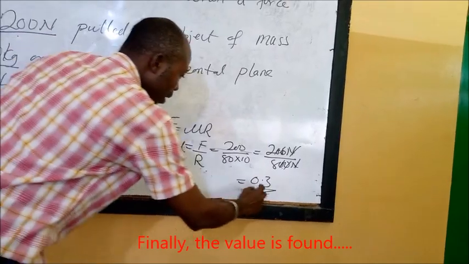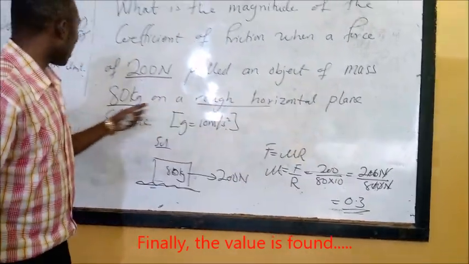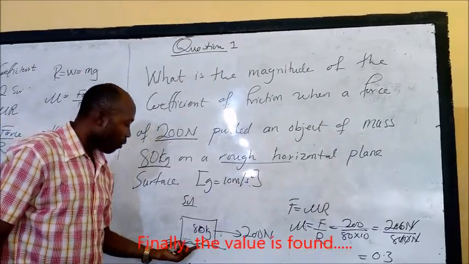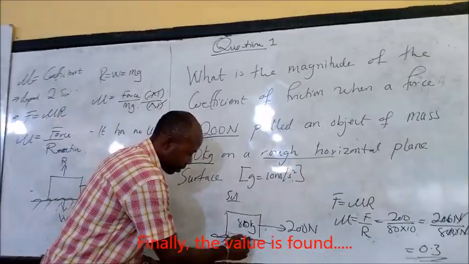So the coefficient of friction here is given as what? 0.3. This is the value of the magnitude of the frictional force that exists between this object and the surface.